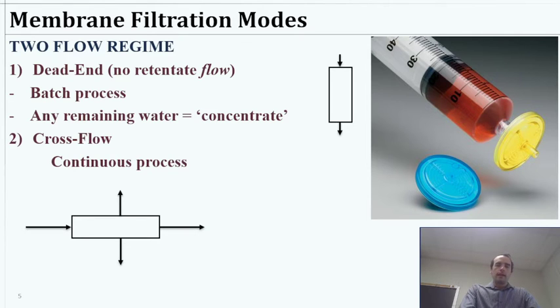I guess I'm slightly ahead of myself here. So we have the dead end and the cross flow. The dead end is essentially like a batch system. And here we see a syringe filter on a syringe. If you've ever used one of these in a lab, especially with dirty water, you'll recognize pretty quickly that after filtering several milliliters of water, it starts to get difficult.